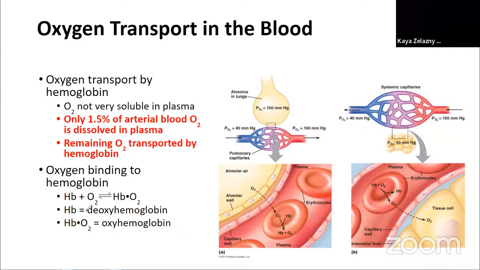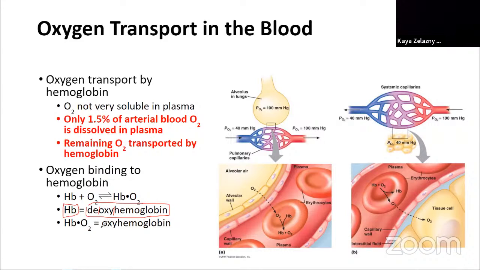So deoxyhemoglobin means what it says: de- removed, oxy for the oxygen, hemoglobin. Deoxyhemoglobin is just saying that we're talking about a hemoglobin molecule, a protein, without any oxygen bound to it. And if you see it in equations, it's going to show up as just Hb.